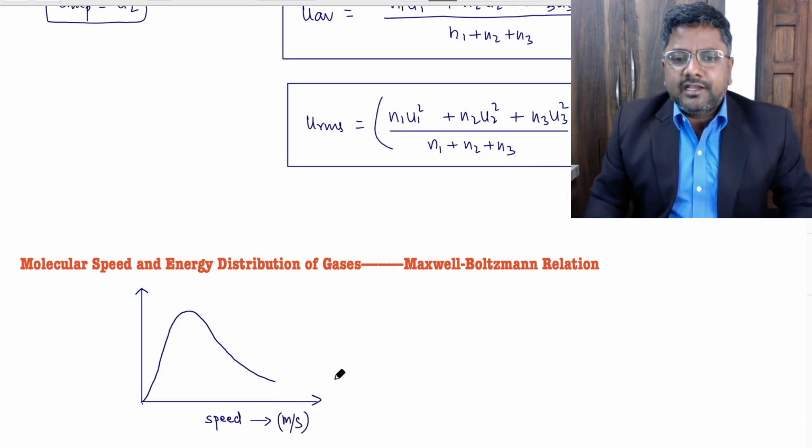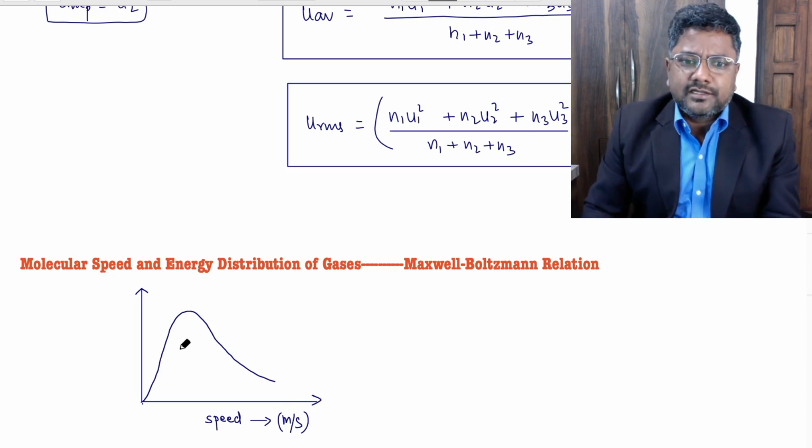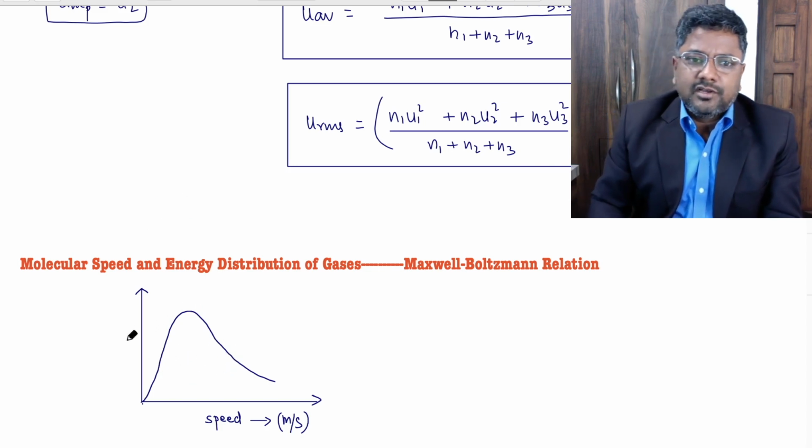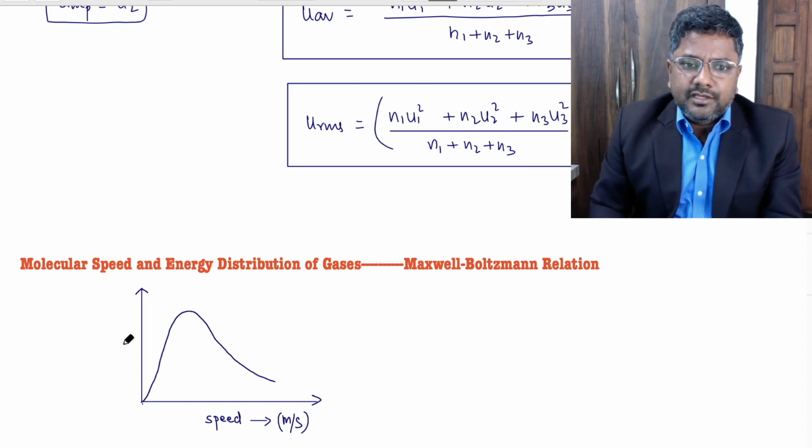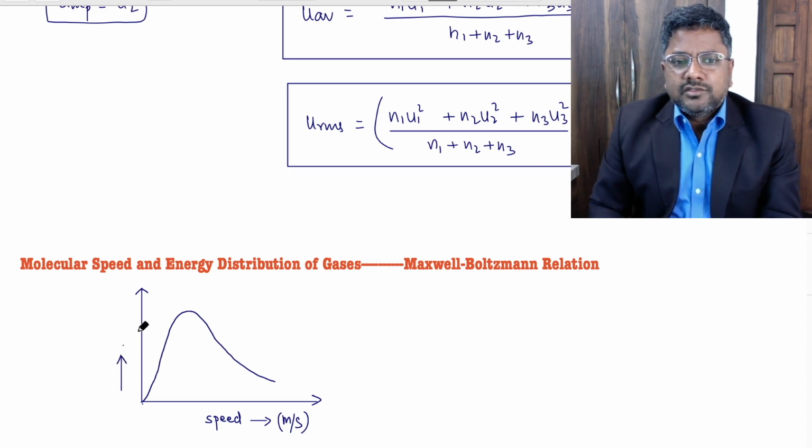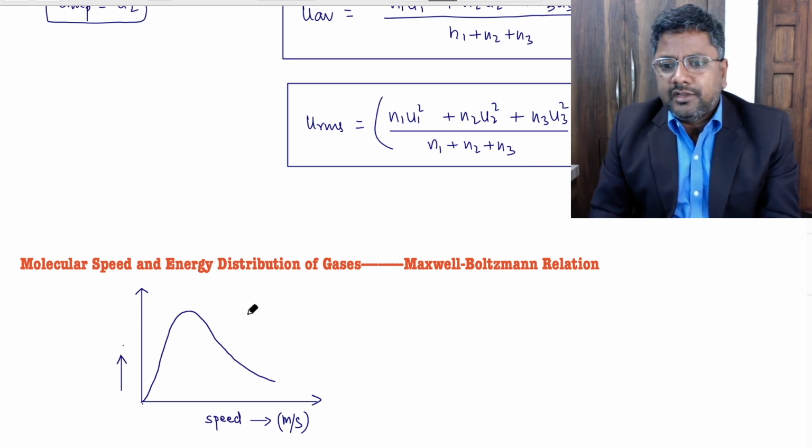And many times I have also told you that the area under the curve will give the fraction of molecules. So if we plot fraction of molecules on the y-axis, how will we get this?